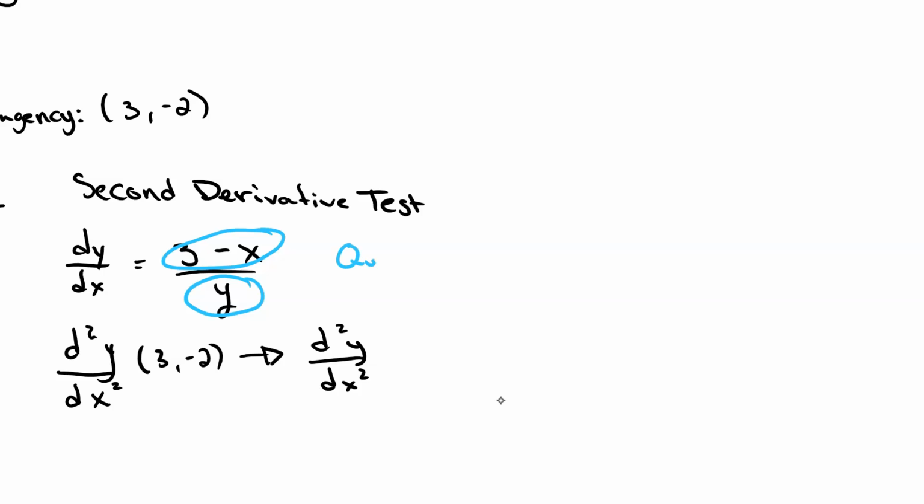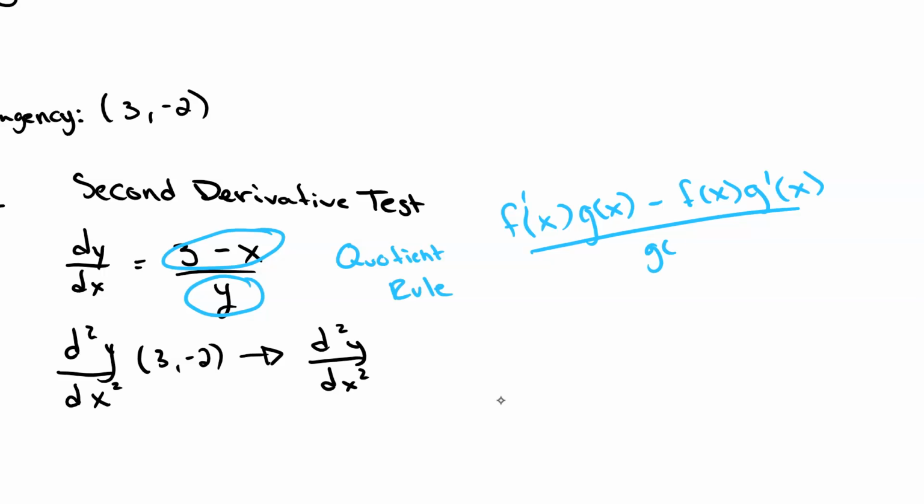So this is going to be our quotient rule, which says we've got the derivative of f of x times g of x minus f of x times g prime of x, divided by g of x squared, where our original function has f of x as the numerator and g of x as the denominator.